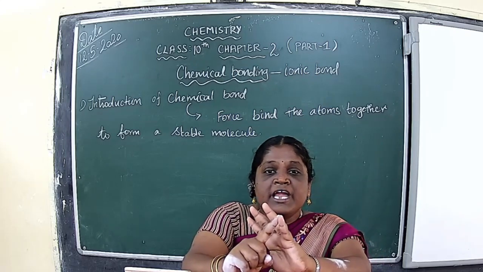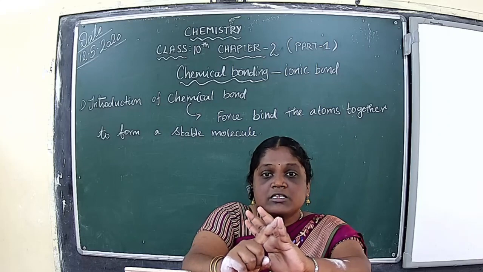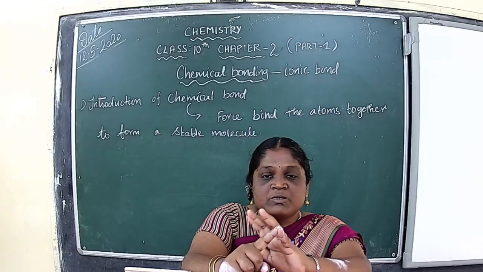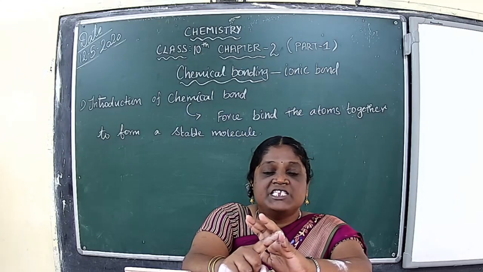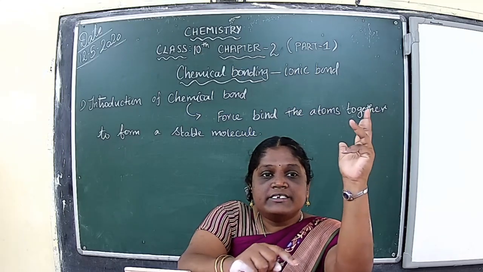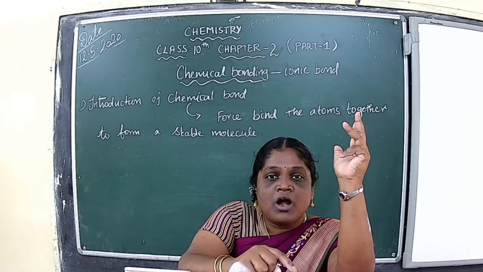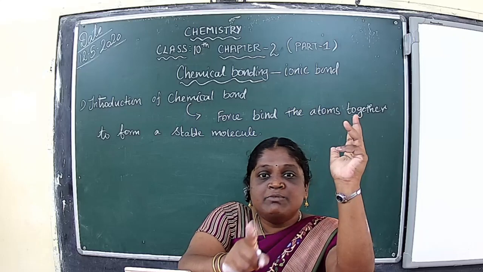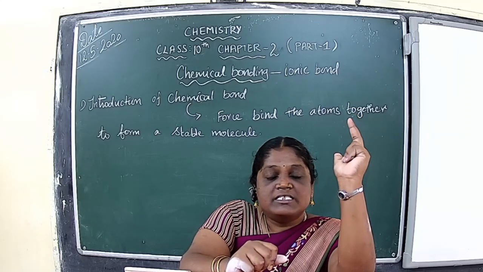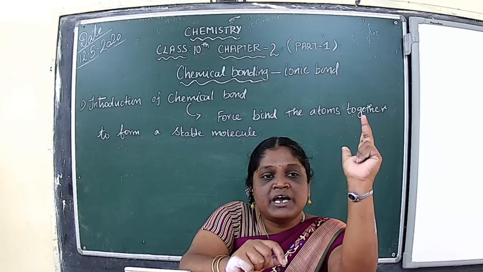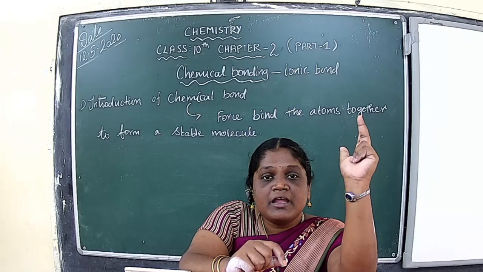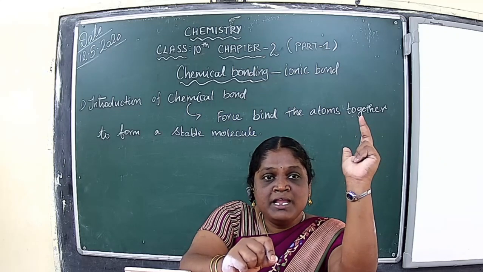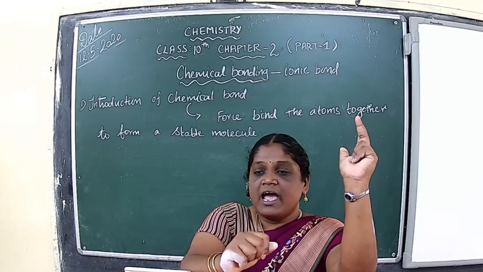So the redistribution of the electrons between participating atoms is achieved by transfer of the electron from one atom to another atom, or by mutual sharing of the electron pair between two atoms, similar or different.